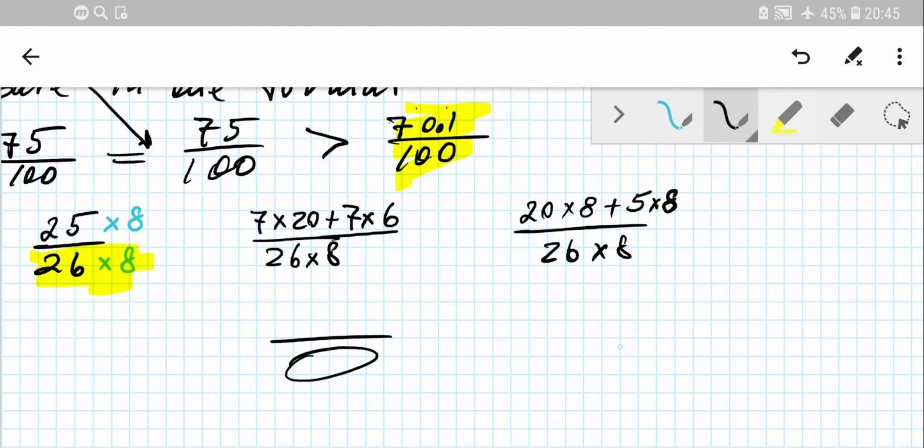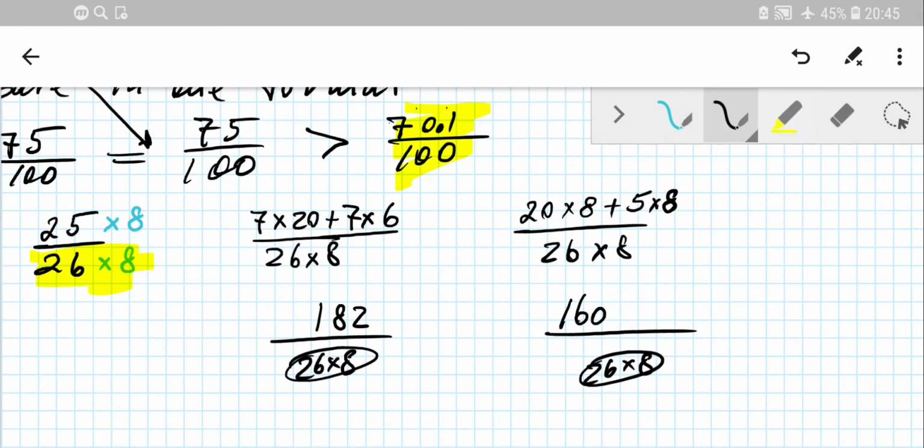Okay, so we have the same denominators, which is 26 times 8 here and 26 times 8 here. Now what are we going to do? 7 times 20 is 140, 7 times 6 is 42. So we add them up and we get 182. If we calculate the right side, we've got 160, right? And 5 times 8 is 40.